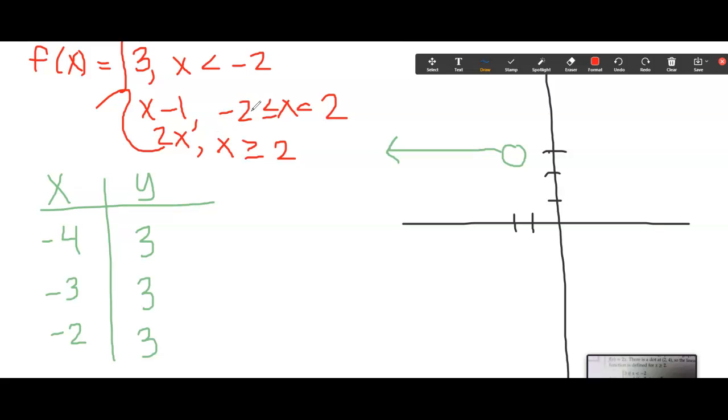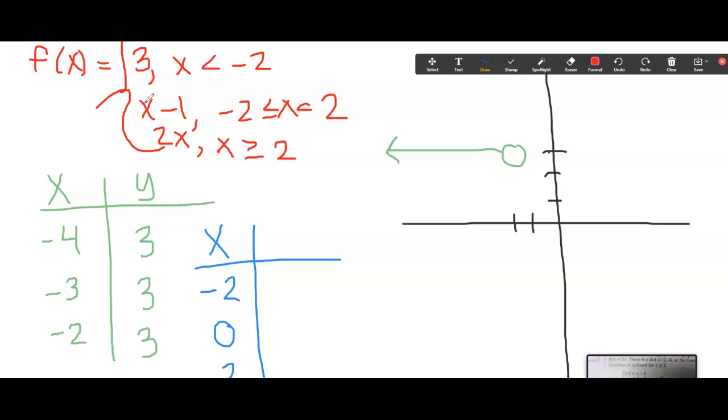So the values from negative 2 to 2 follow the equation x minus 1. So we'll graph that in blue and create its table in blue as well. They begin at negative 2 and end at positive 2. And a number between negative 2 and 2 is 0.